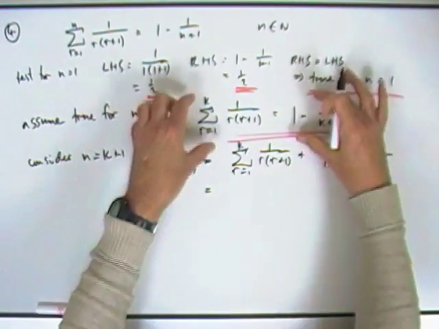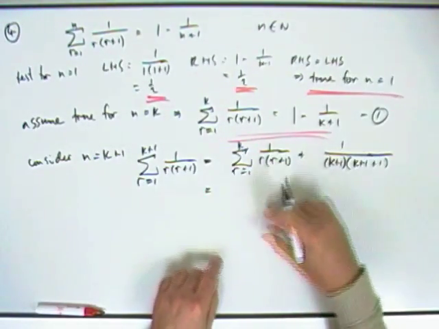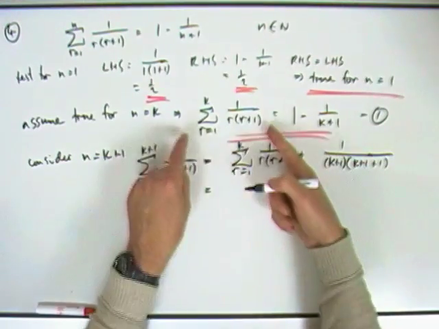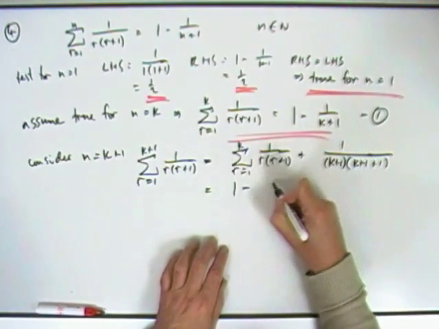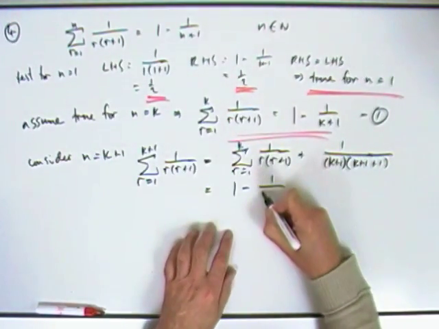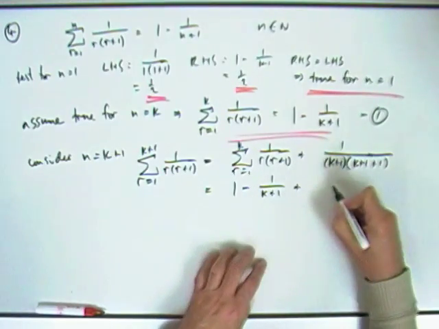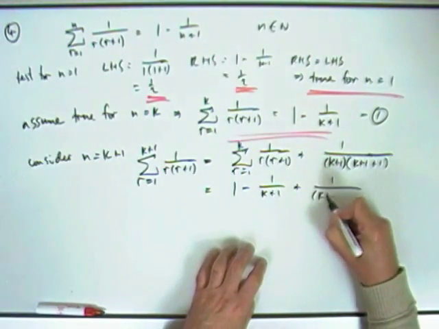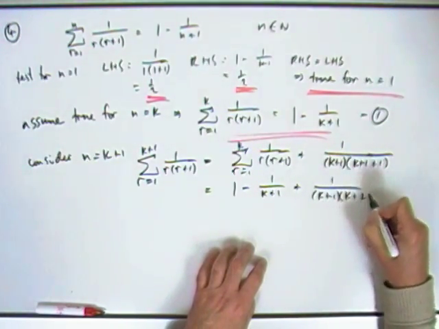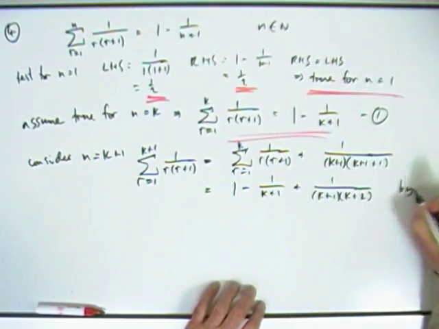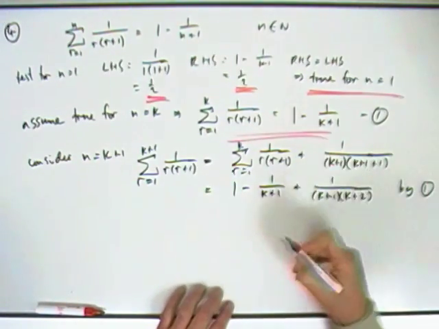Then calling in your inductive hypothesis, I'm saying that this part is equivalent to that. So I've got 1 minus 1 over k plus 1 plus this thing, where that's k plus 1, k plus 2, and I'll just put by 1 because I need to call that in.